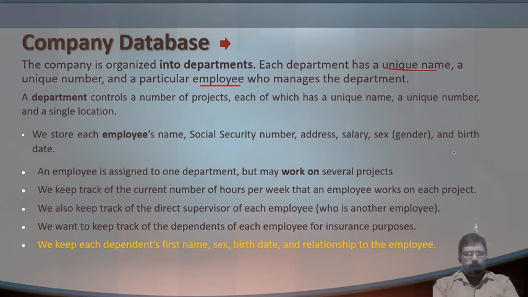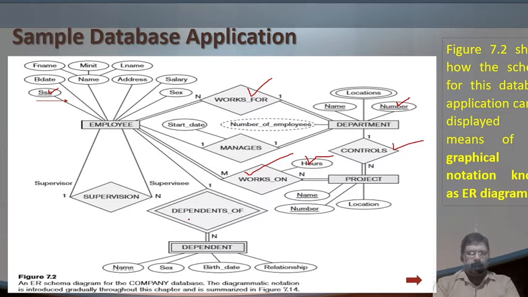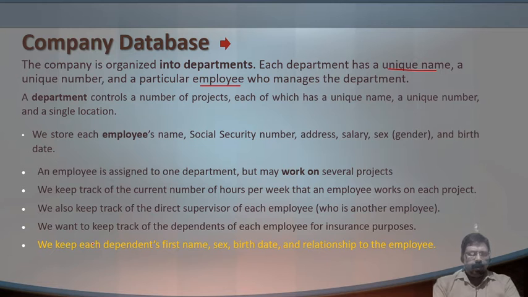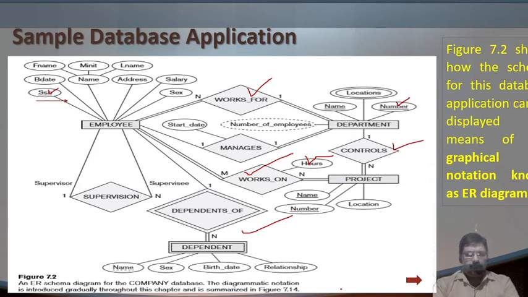So that concept also we have discussed, and we can also keep track of the dependents of each employee for insurance purposes, which we define by this dependent. So insurance or any other claims can be given to the dependents of the employee. And we are also keeping each dependent's first name, sex, date of birth, and all these things. We have discussed all these things in the previous topics.